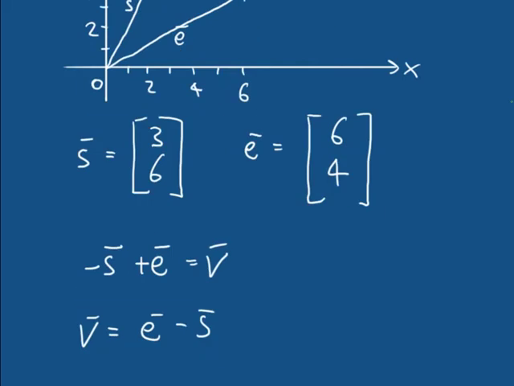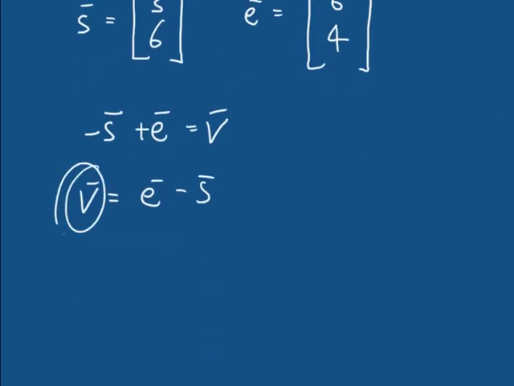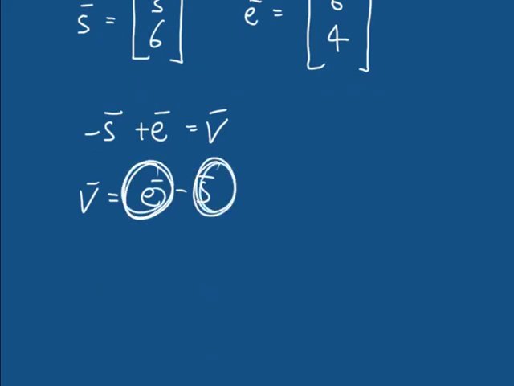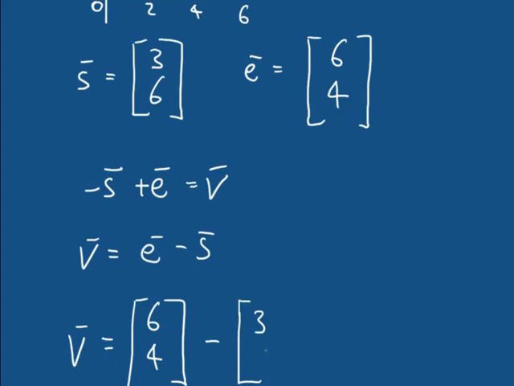Well, here's why. Because when we write this in terms of position vectors, our vector v is equal to the endpoint minus the start point. So now we have this simply in terms of a vector equation, and we know our 2 vectors, so we know that v is equal to (6, 4) minus (3, 6).